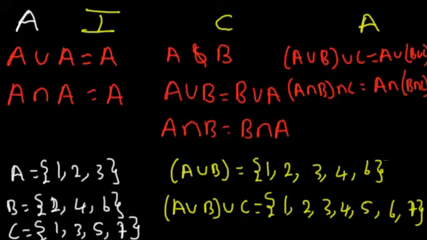So we need to find the value of B first. Hopefully you have written down the idempotent and commutative laws. If you haven't written it, feel free to pause the video and write it down now.